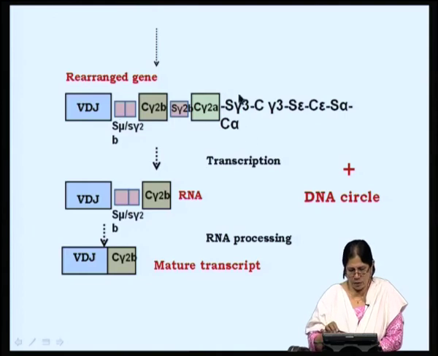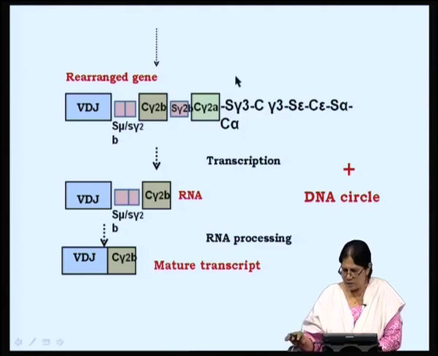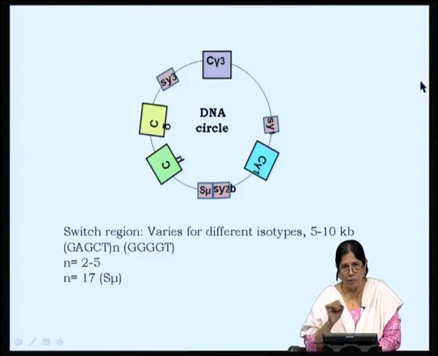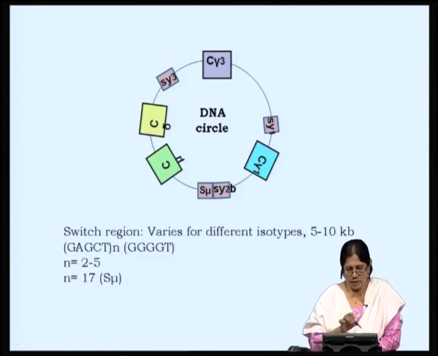Now, during transcription you will have RNA and then the mature transcript. Along with this you will of course have this interesting structure. This is the part that has been thrown out of the DNA sequence. Just like in the other strand that is retained, you have a part of the switch mu and a part of the switch gamma 2b which have joined, and this is the part which has been deleted.